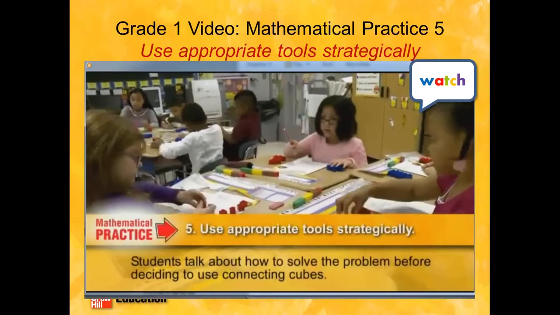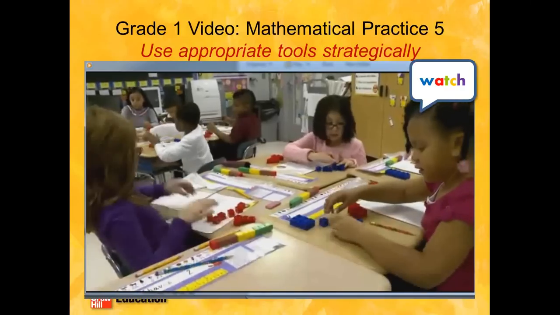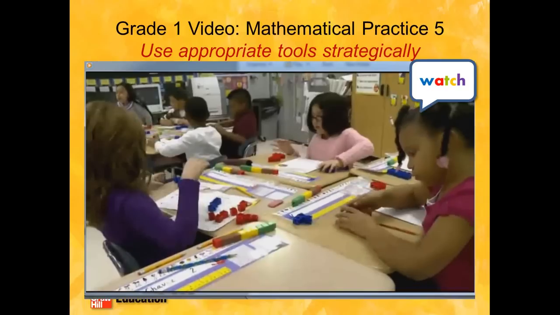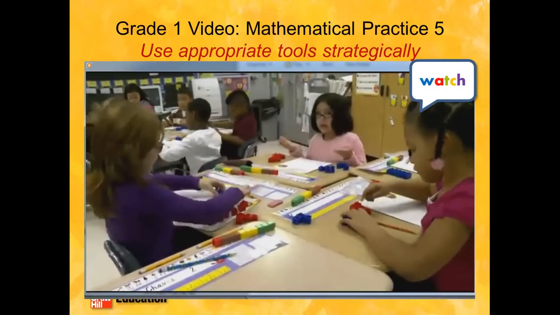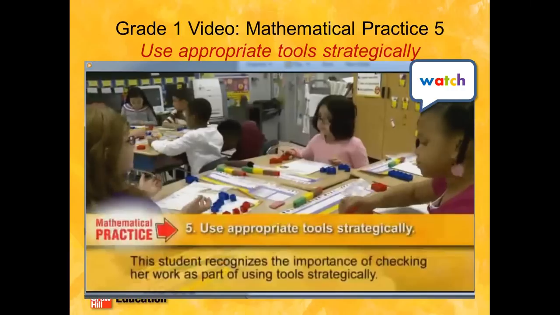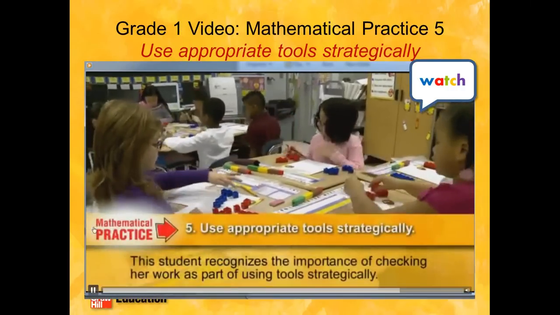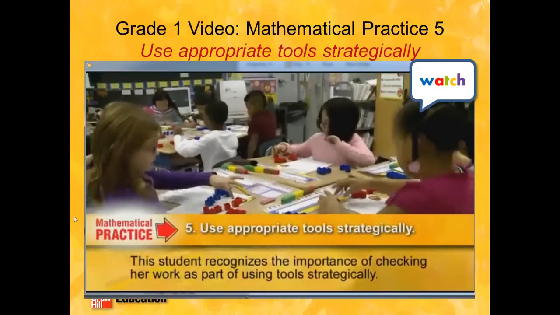And 6 more blue ones. So add them all together, and then you have 12. Let's go. To make sure we're right. Yep. So, 6, 7, 8, 9, 10, 11, 12.